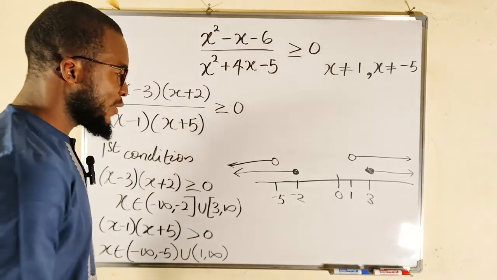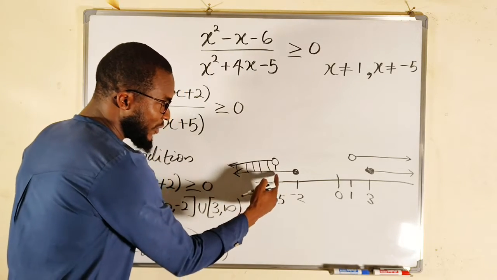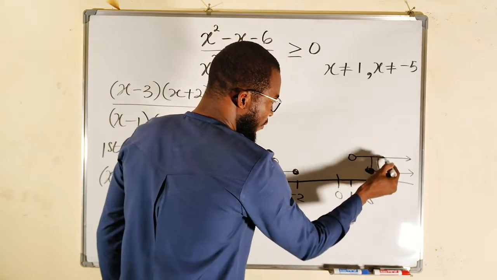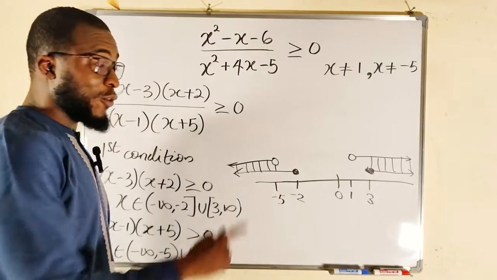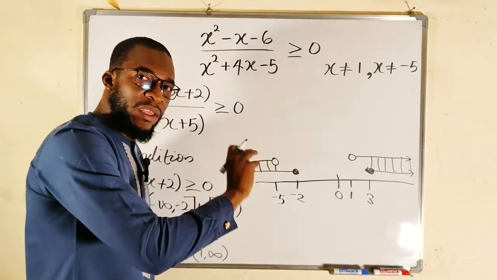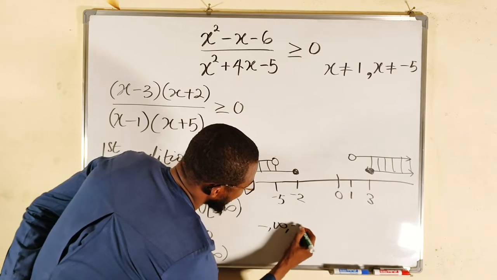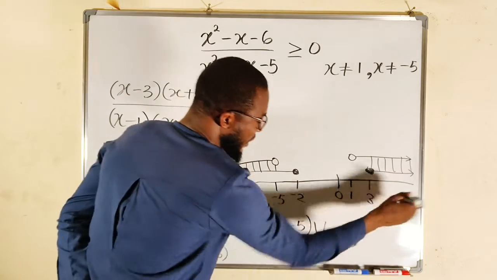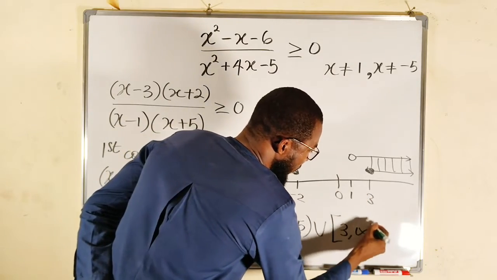So where is the intersection? You see, these lines have an intersection here, just from -5 down to -infinity. Now if you draw another one here, this is where they intersect, from +3 down to +infinity. So the solution, taking the intersection, is from -infinity down to -5, then union from 3, but 3 is a solution, remember, way down to +infinity.